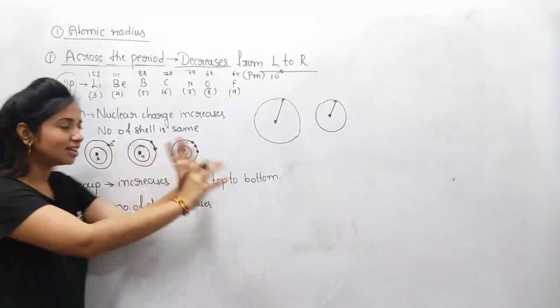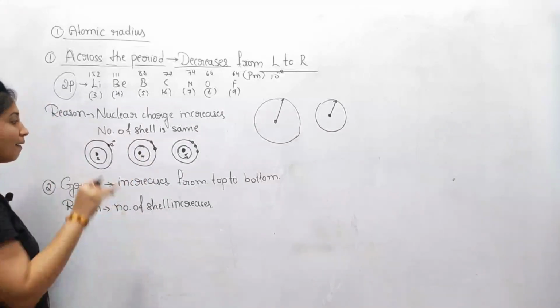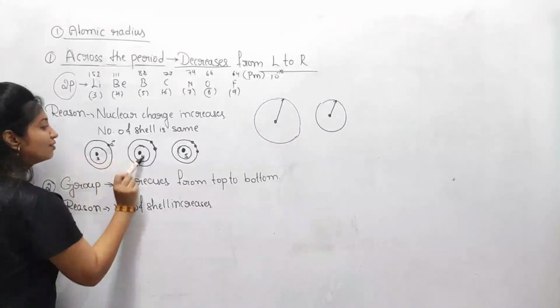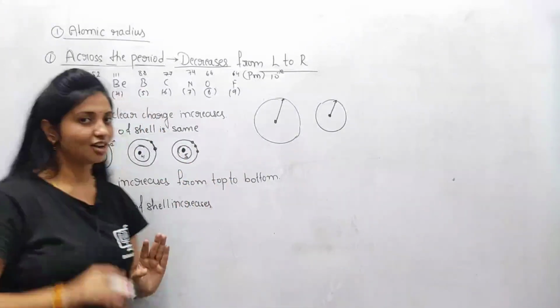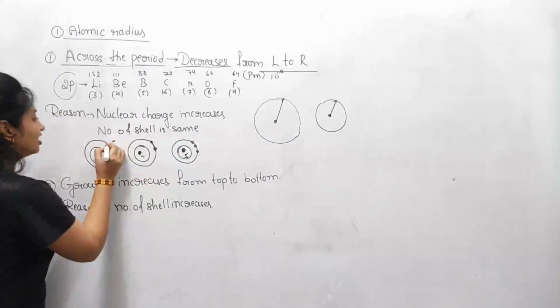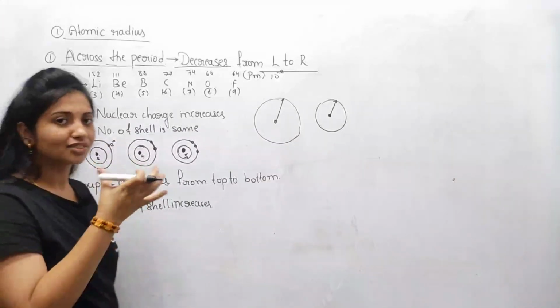And just observe the pattern, guys. The number of shells is the same, but the positive charge, meaning the number of protons, increases. Already you know that between the electron and the proton there is an electrostatic force of attraction.